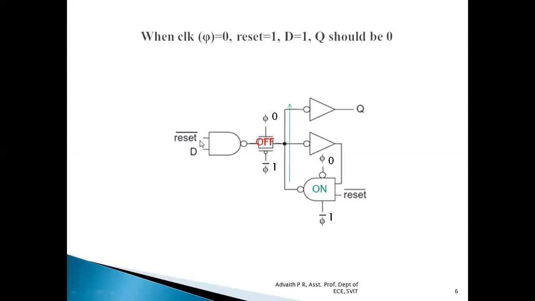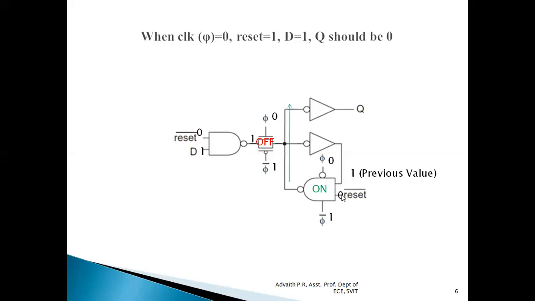Reset is 1, so reset bar should be equal to 0. Now D value is 1. 1 NAND with 0 is 1. But this 1 cannot be transferred to this point of the transmission gate because this transmission gate is off. It acts as an open switch. Now, previously a 1 value was stored, which we have already seen.